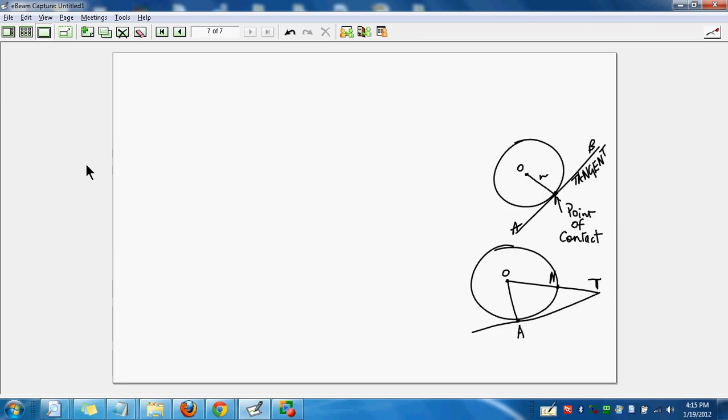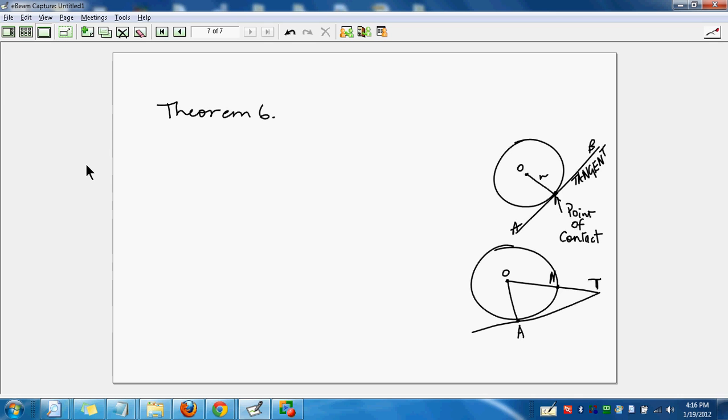Okay, so we're looking at theorem 6 now. Alright, we are on to theorem 6. And theorem 6 says that the radius of a circle drawn to the point of contact of a tangent is perpendicular to the tangent.